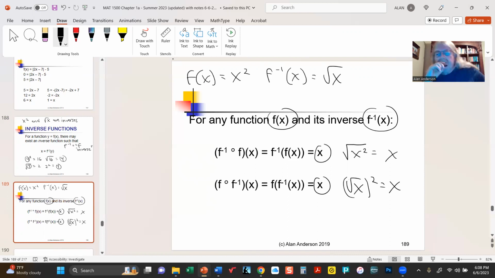Okay. And both of them have to be true, by the way. One is not good enough.